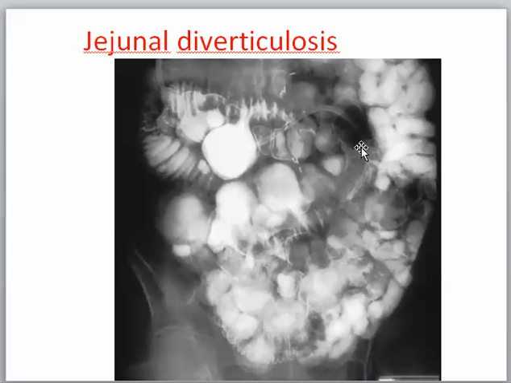What is this? This is the tube with which we did the visualization of the small intestine while somewhat hypotonic. That's why the jejunum expands and involves a lot of the abdomen. Enteroclysis with jejunal diverticulosis.